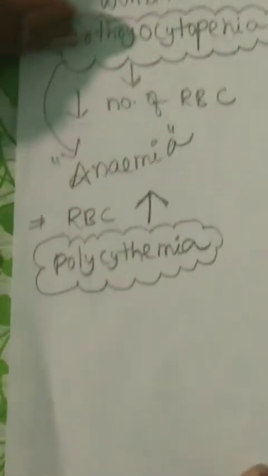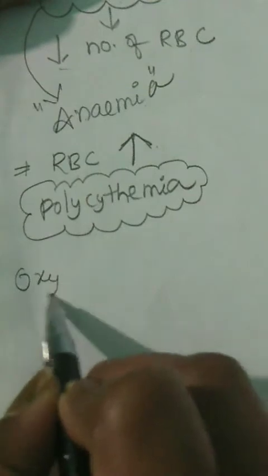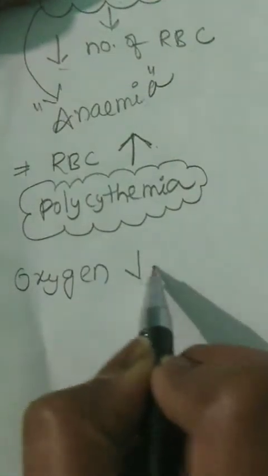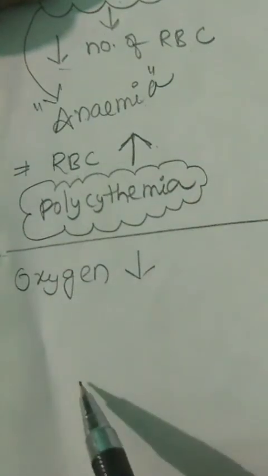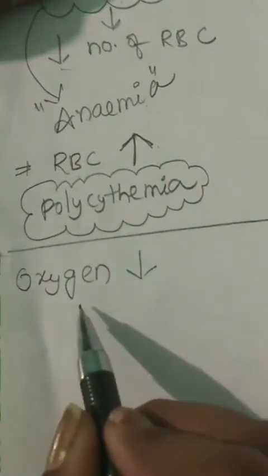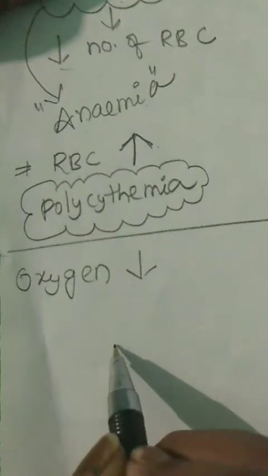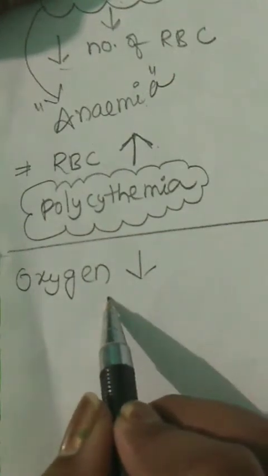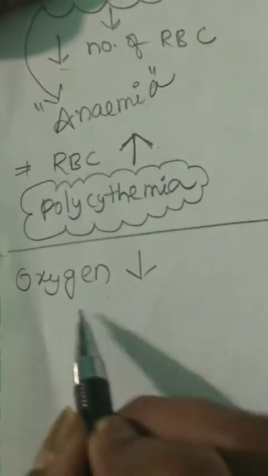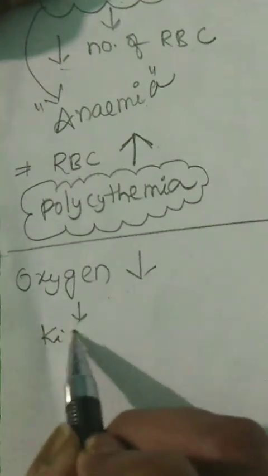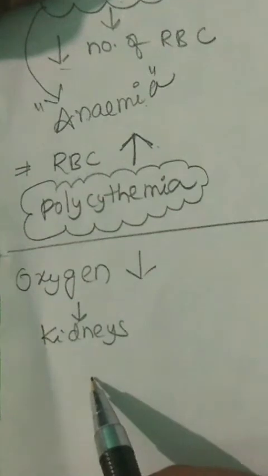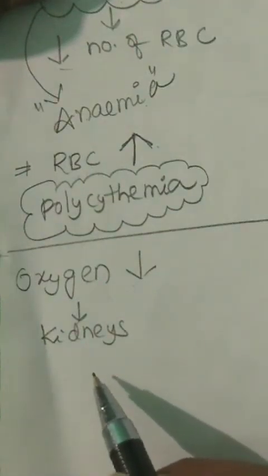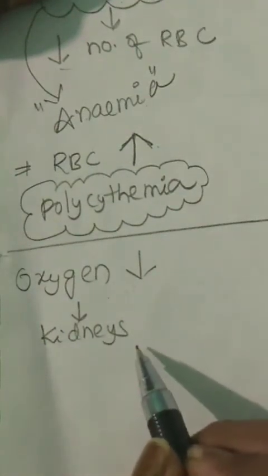Next, shortage of oxygen in your body. If in our body the oxygen is very less, then there will be a condition of shortage of oxygen, and immediately this stimulates the kidneys.